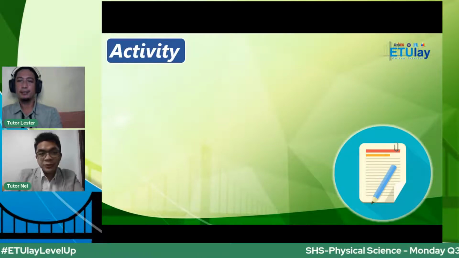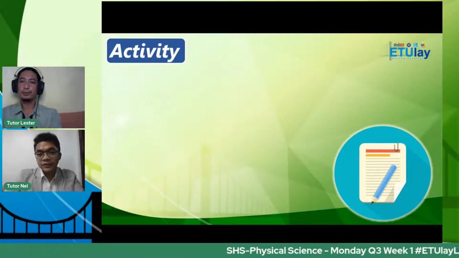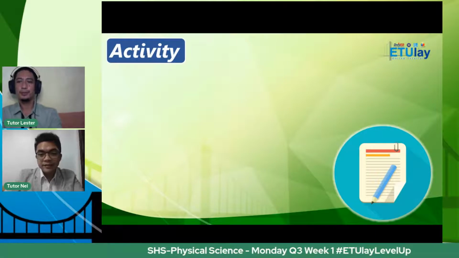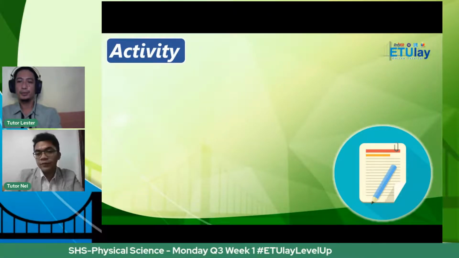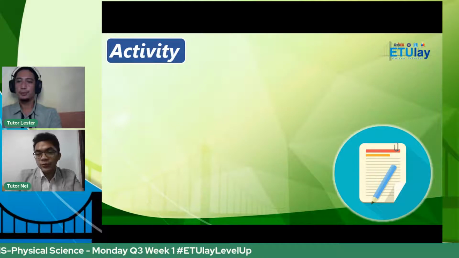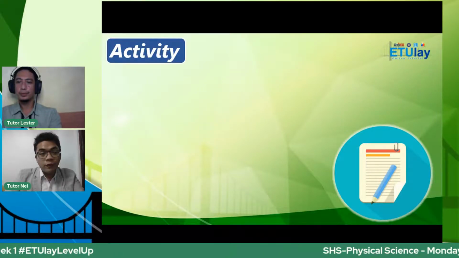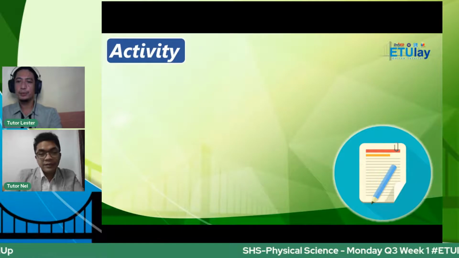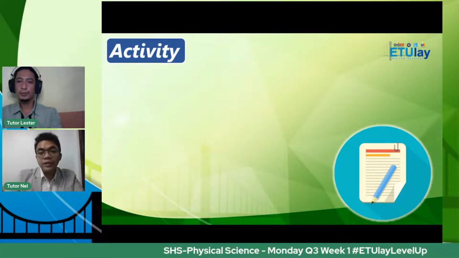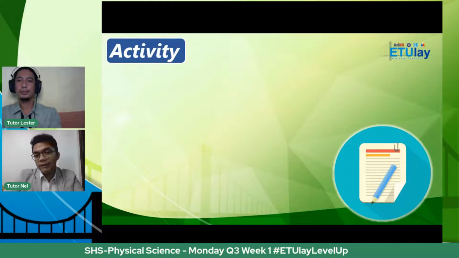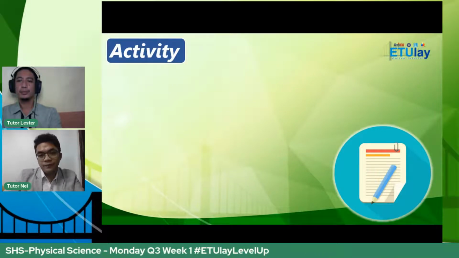Ayan, so we had shared to you the life stages of stars and the different processes that takes place in its core. We had also shared to you how to balance nuclear equation. So, for our activity po, let us try to write a nuclear reaction involved in the synthesis of the elements named as follow.